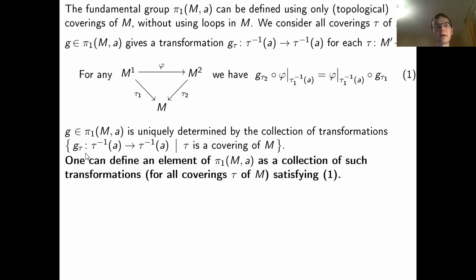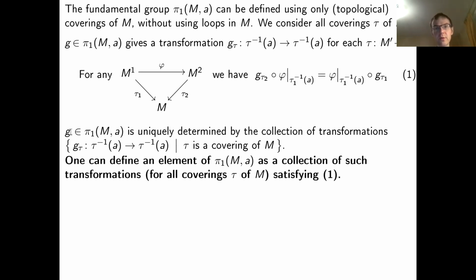So for each covering, we have a transformation. This infinite collection of transformations G tau determines uniquely one element G of the fundamental group.